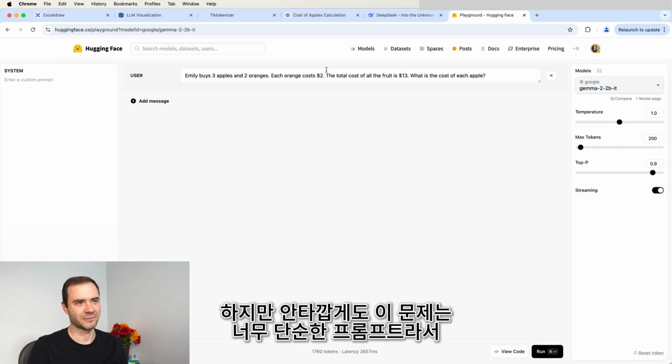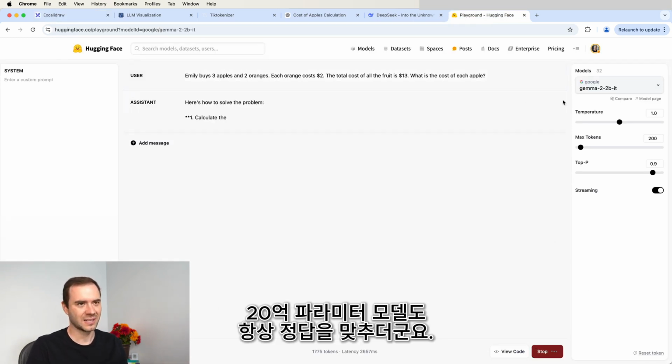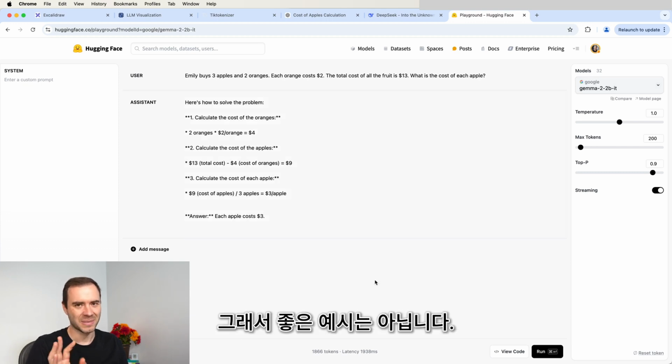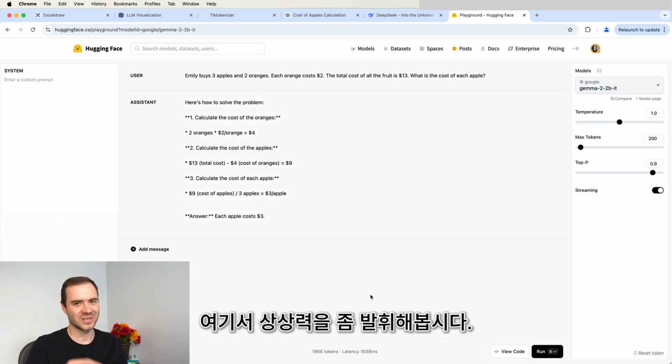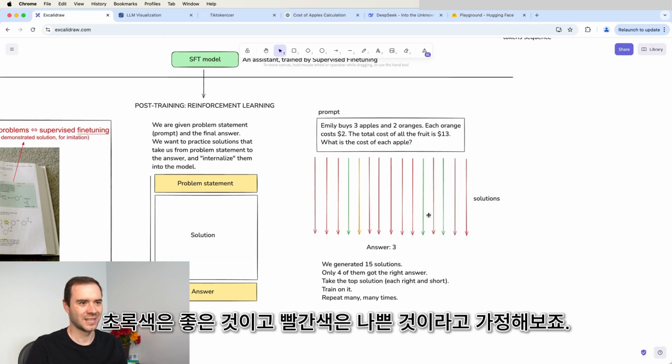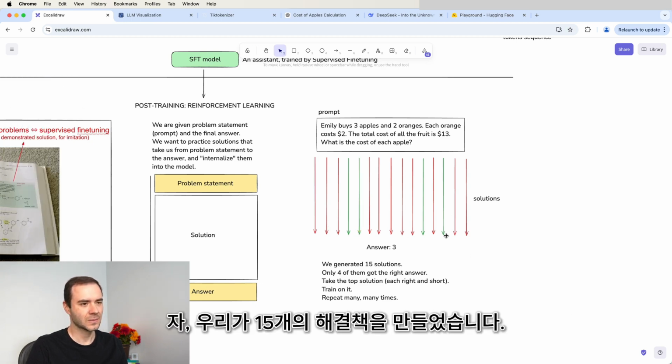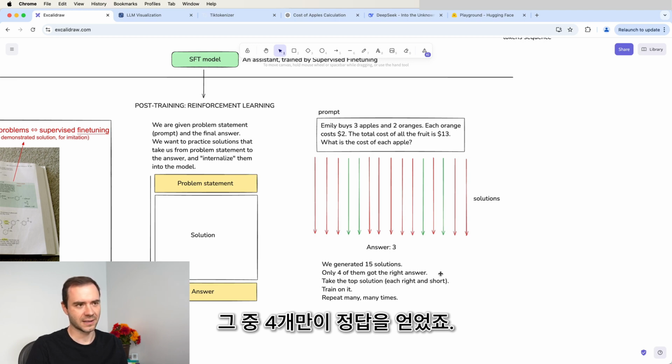This problem, unfortunately, is not the best example because it's a trivial prompt, and as we saw, even a 2 billion parameter model always gets it right. But let's exercise some imagination here and suppose that the green ones are good and the red ones are bad. We generated 15 solutions, and only 4 of them got the right answer.